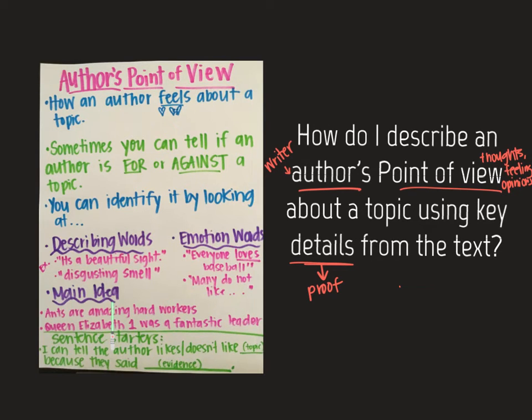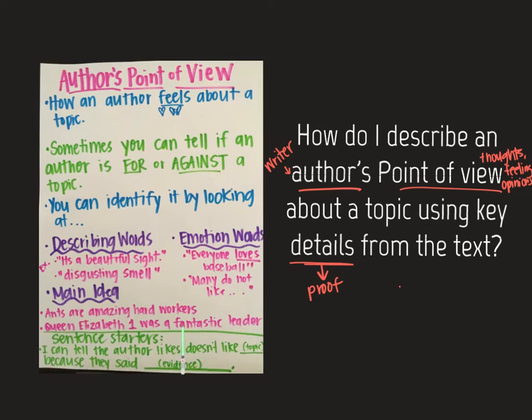Sometimes an author's point of view can be found in the main idea. So when we're reading informational text, we always know that there's going to be a main idea. So we can figure out if the author is for or against a topic by finding the main idea. So in this, for example, if the main idea was that ants are amazing hard workers, what does that tell you about the author's point of view?